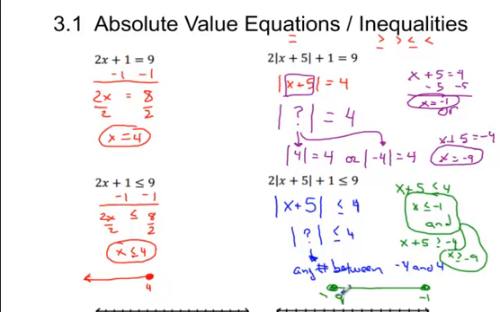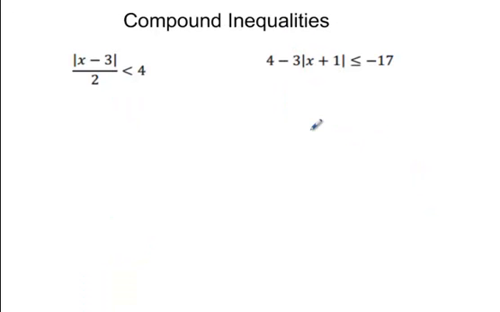Now this stuff should look pretty familiar. We've done these before. They are compound inequalities. So here's a couple of compound inequalities that we are going to solve. Their absolute value. Flash forward. This is going to turn out to be an and.